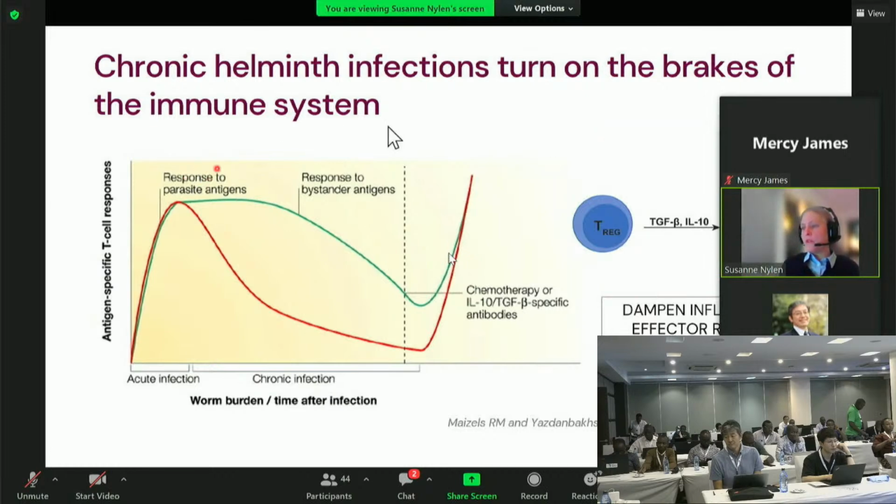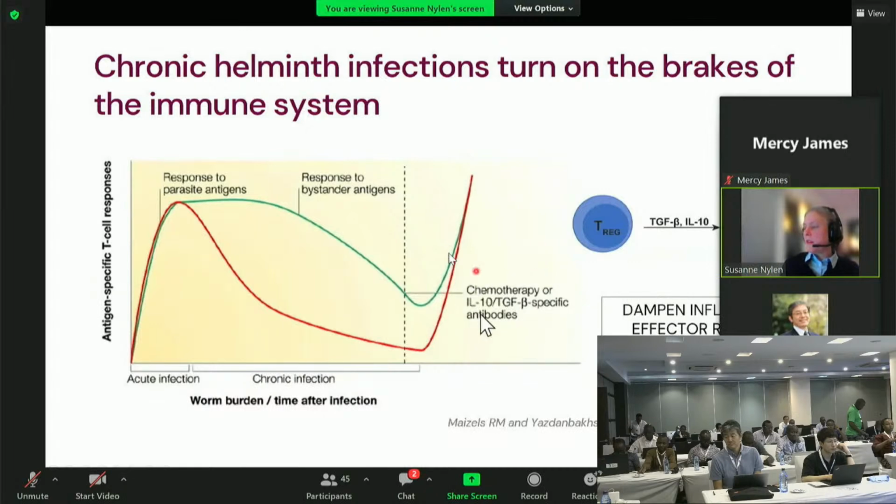And this graph shows how responses to a worm will actually, you have an acute infection, here we have an acute Th2 response, but then it will decline with time. And this is typically seen in helminth infections.